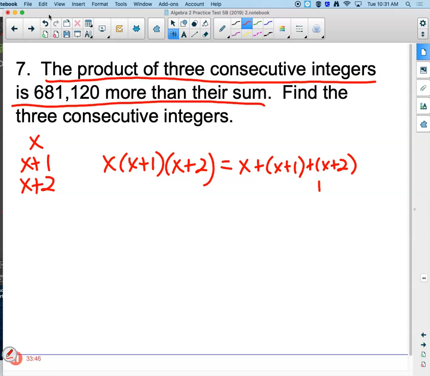So we would have to add 681,120, which makes sense, especially if the numbers are big. When you multiply them together, you're going to get something pretty huge. All right, so let's see. We already know what the left side is going to look like. We have to multiply the x plus 1 and the x plus 2, those two binomials together, and then distribute the x.